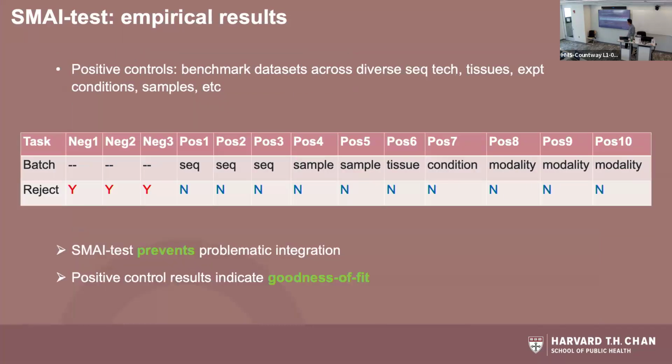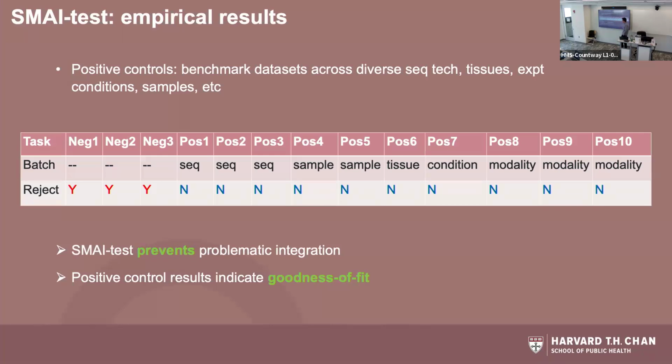Yeah, so for the 10 positive controls, we considered benchmark data sets that are commonly tested in the literature, which include data sets that differ in their sequencing technologies, like one based on SMART-seq and the other based on CEL-seq, or that differ in samples, tissues, or experimental conditions, and so on and so forth.